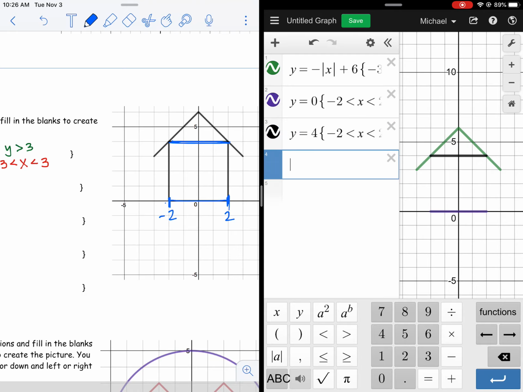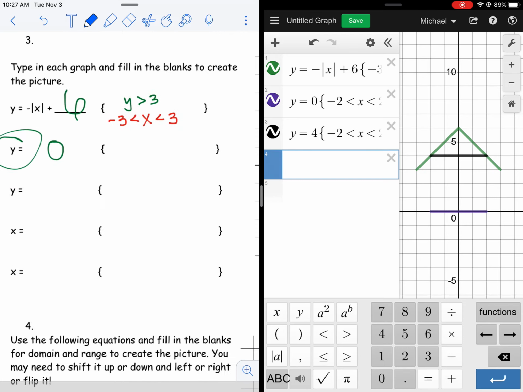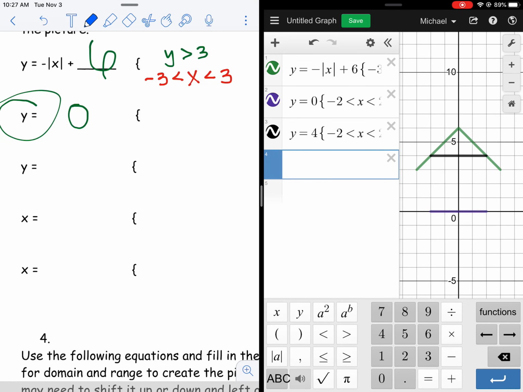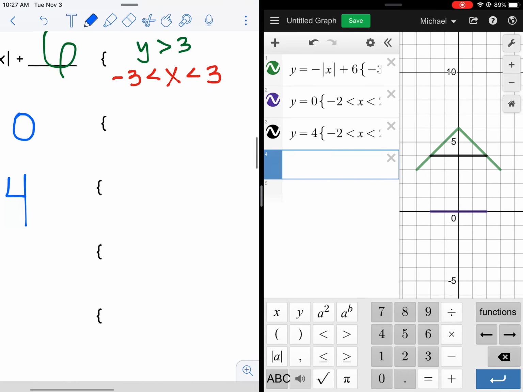Okay. I need the sides of the house now. I should write these down for you. So y equals 0 and y equals 4, and both are using the x's from -2 less than x less than 2.